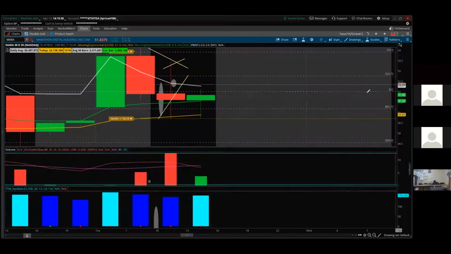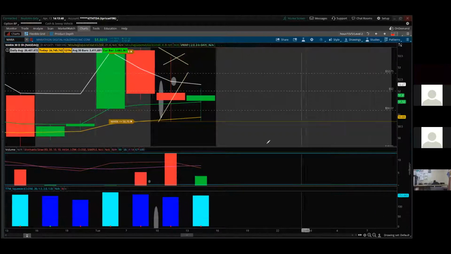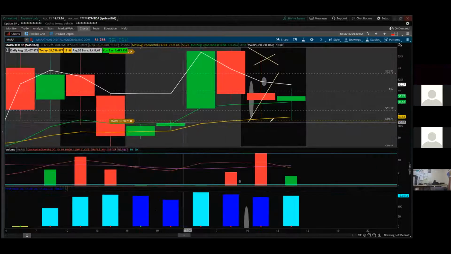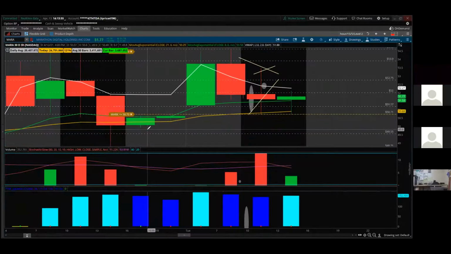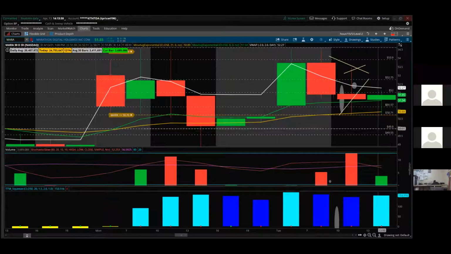If you look at it, it's respecting the 9 EMA, but underneath the 9 EMA, this puppy has really no support. The only real support it has here is when it respected off of the 50.70 region, but under that, it really doesn't have much support until right about 49.90.